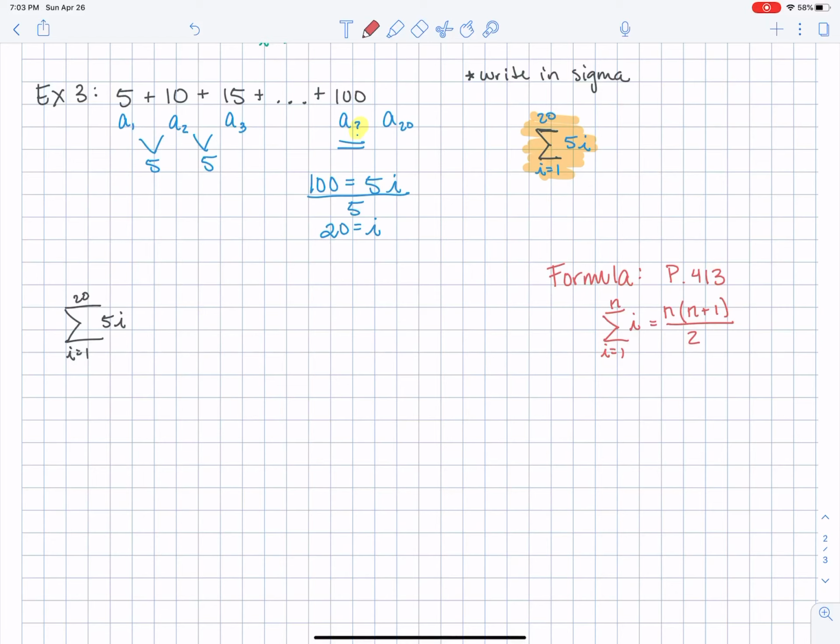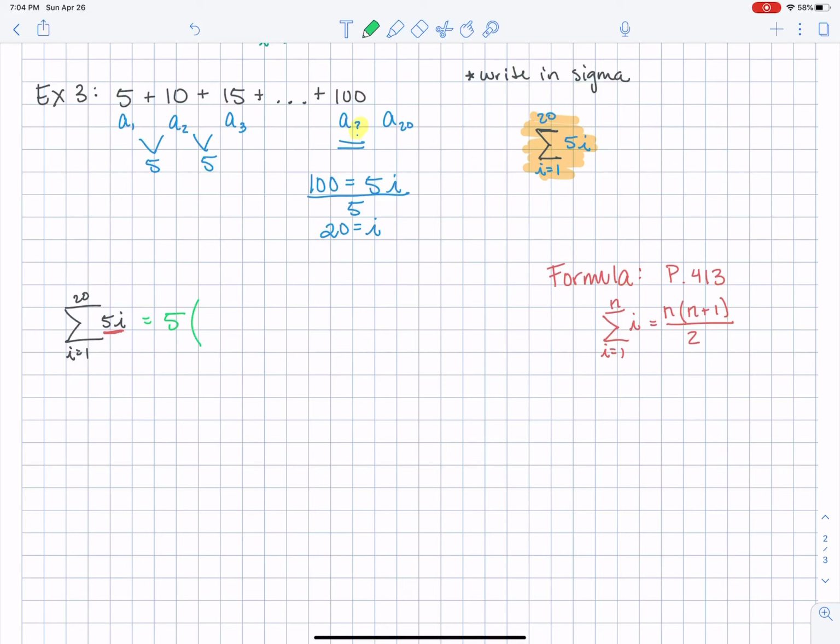Now, if you'll notice, our formula is just a little bit different from the formula over here. So what we have to do is plug this in, but multiply it by 5.